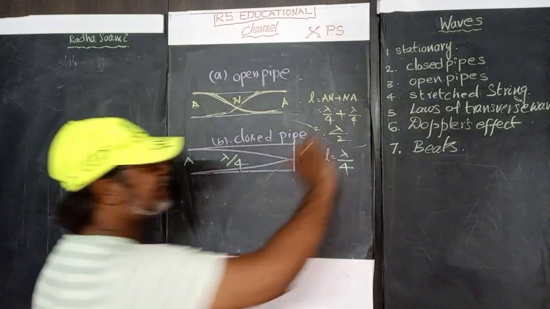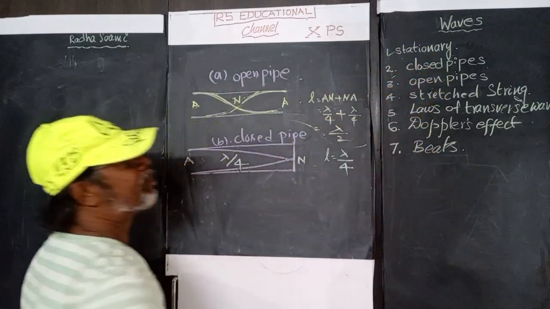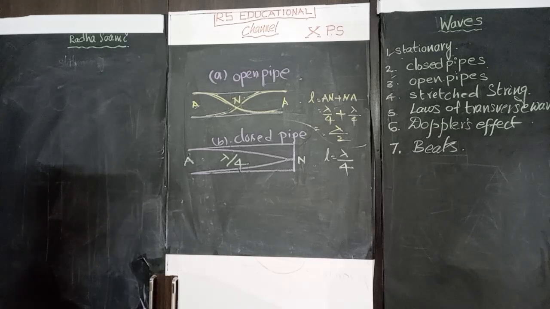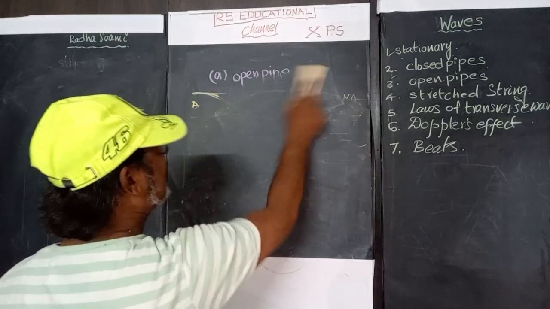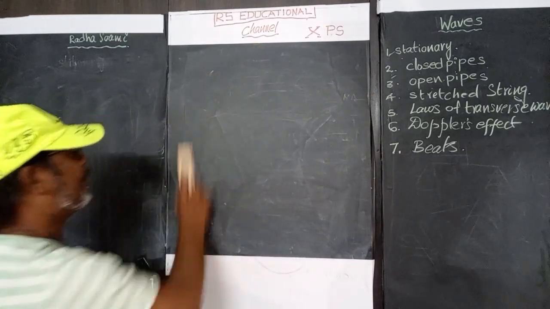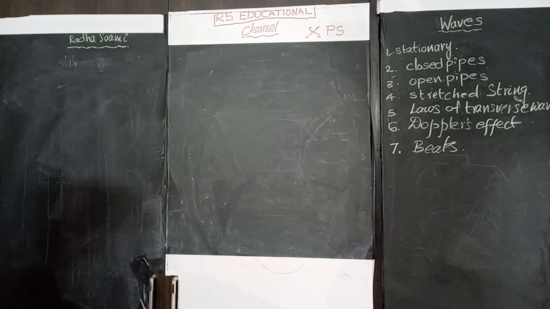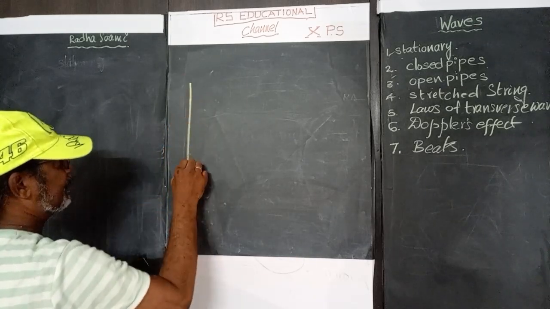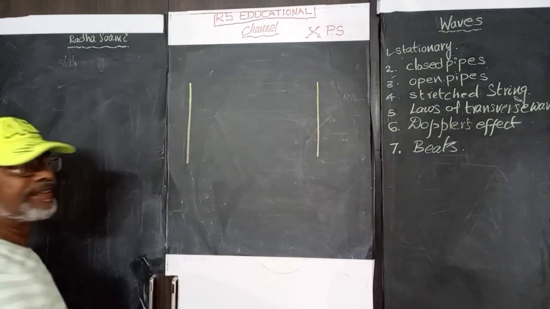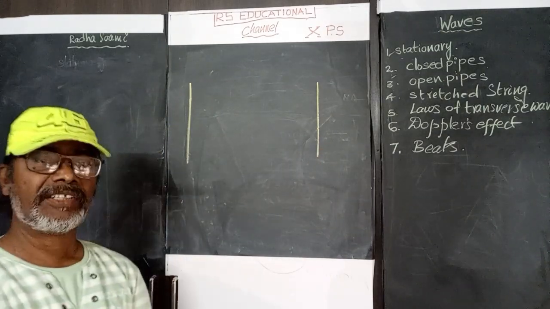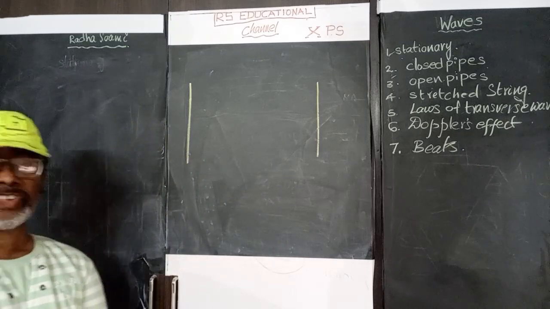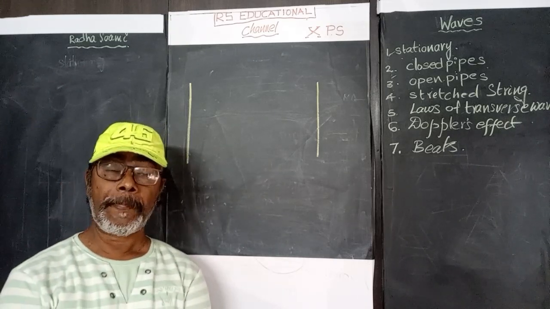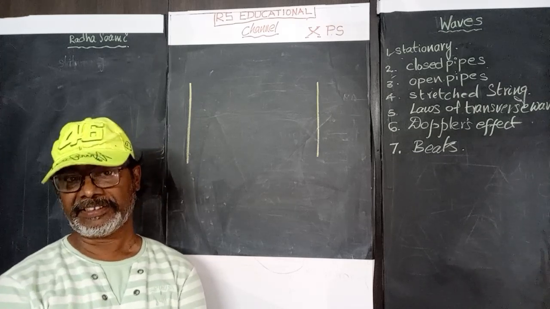Next one is the stretched string. So stationary waves are over, closed pipes are over, open pipes are over, now stretched strings. What is a stretched string? Already we have seen. If you observe the guitar, violin, like string instruments which produce sound, those strings are called stretched strings.